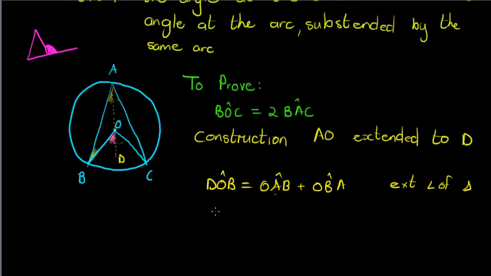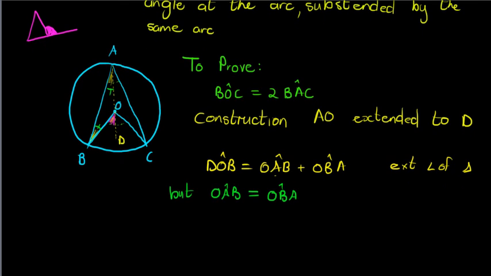But angle OAB is equal to angle OBA. Why are these two angles equal to each other? There's no hypotenuse because there's no 90 degrees angle here.